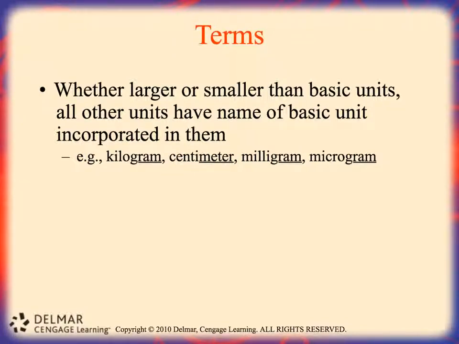Milligram, again, weight. Microgram, weight. If it was milliliter, we'd know we would be dealing with volume. So all of the terms have the basic unit in the term that you're going to be using, so you can identify what you're measuring.